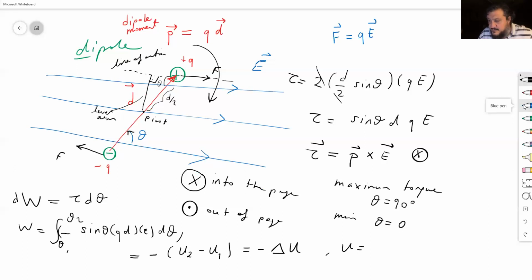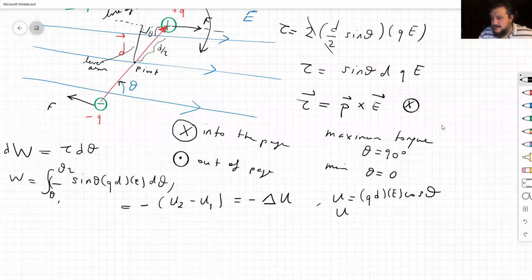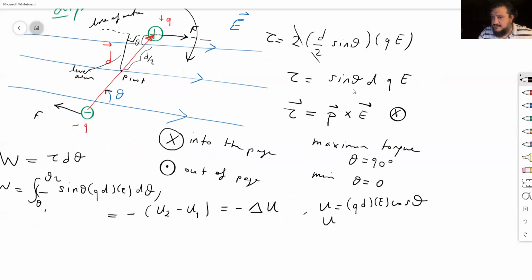So I will have q times d times E times cosine theta. Can you see what this is now? Remember, when we had the sine theta, we had the cross product. Now we have the cosine, which means, and there's a negative here also, we need the dot product. So negative p dot E. Okay, this is your potential energy.